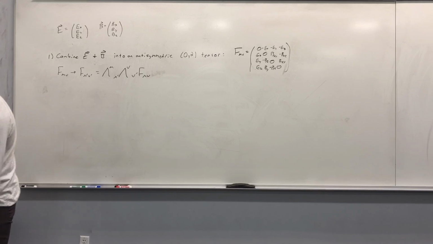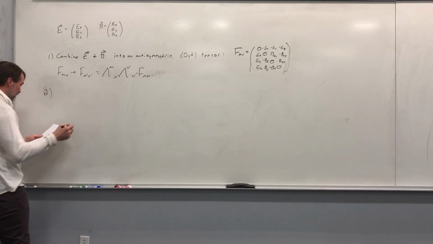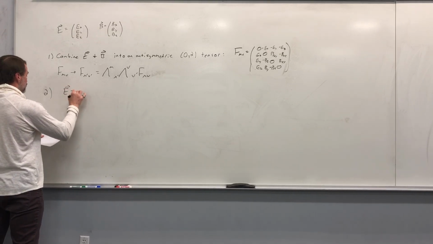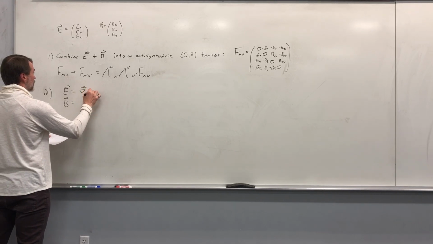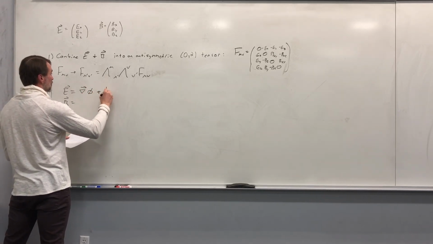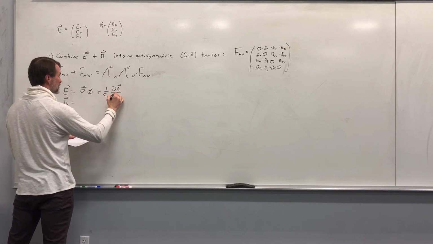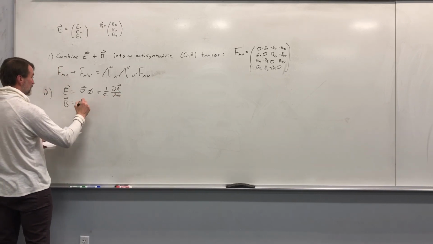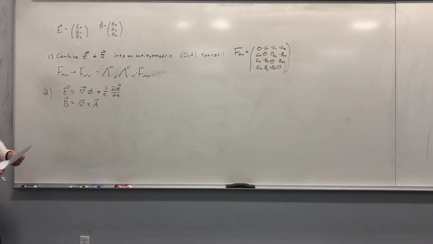Anyway, there is one more way to do this, which hopefully you've at least seen hints of, and that is we can also express E and B in terms of a scalar field, a potential, plus 1 over c times the derivative of the vector potential. And then the magnetic field is, of course, just the curl of that vector potential. How many of you have seen scalar and vector potentials in your formulation of E and M?